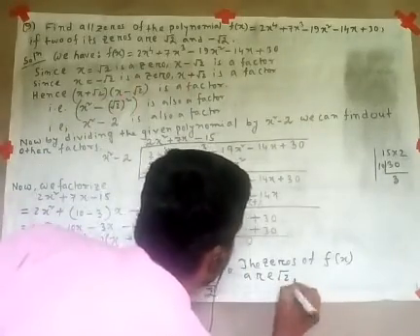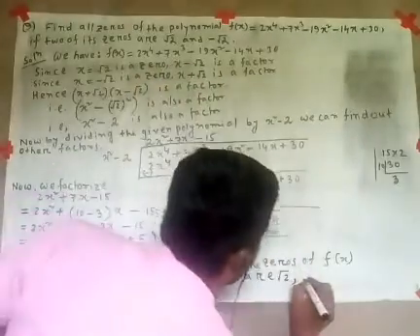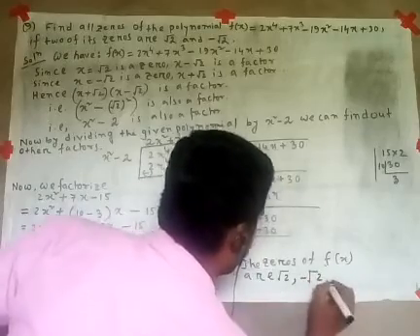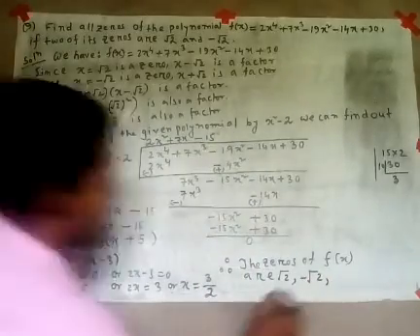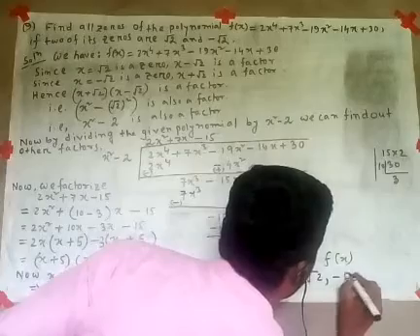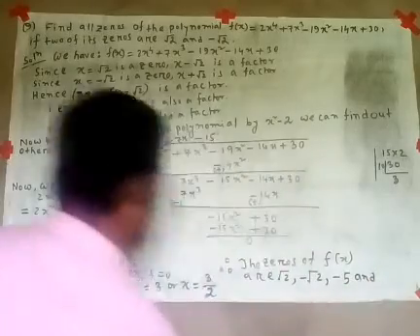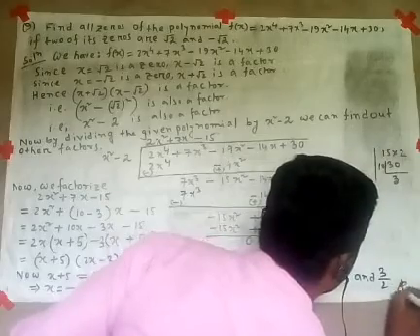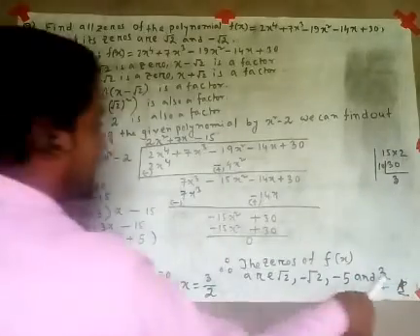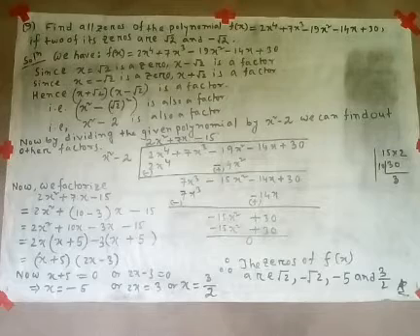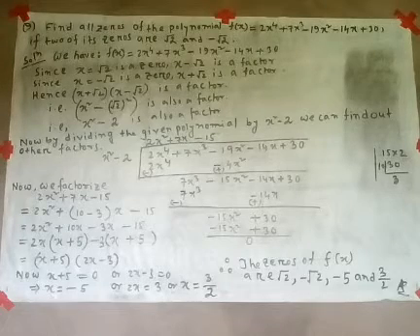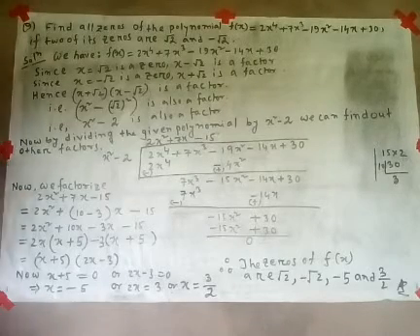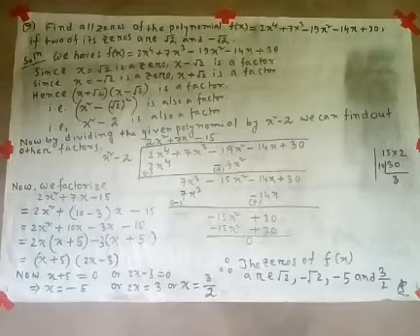Another one is minus root 2. Then we got first one is minus 5 and another one is 3 by 2. So these are the 4 values: root 2, minus root 2, minus 5 and 3 by 2. So this was the answer.